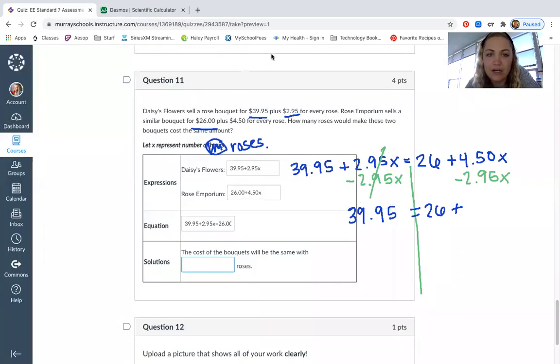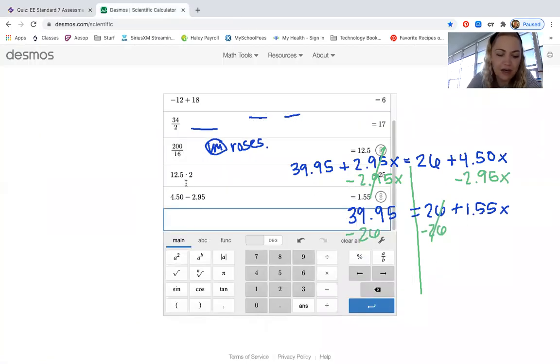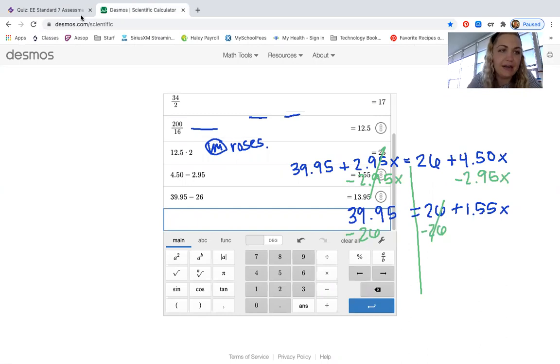So over here I have $1.55 times x. Okay, let's get rid of this 26. 39.95 minus 26, and I get 13.95.